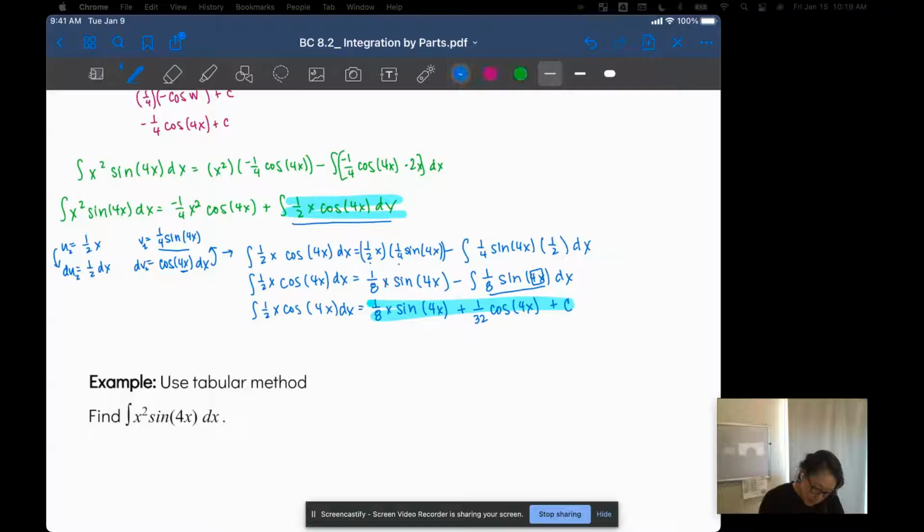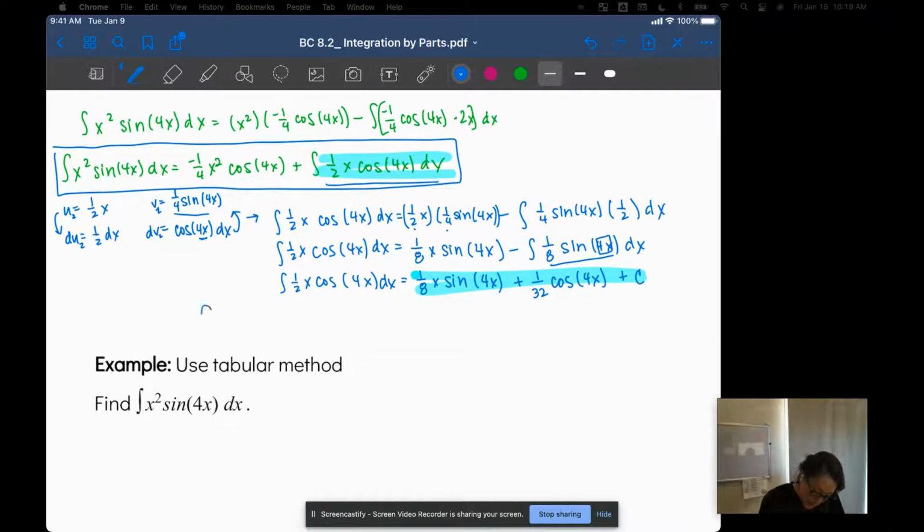So let's rewrite all of this. I'm going to go back and look at this right here. I'm going to say that the integral of x squared sine of 4x dx is equal to negative 1/4 x squared times the cosine of 4x.